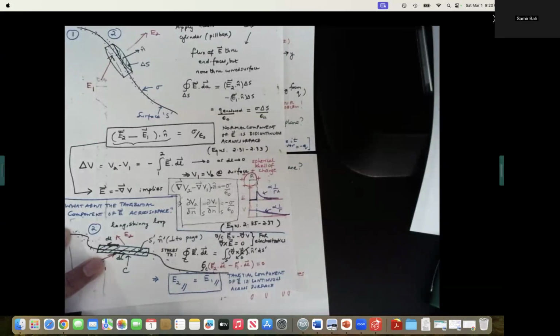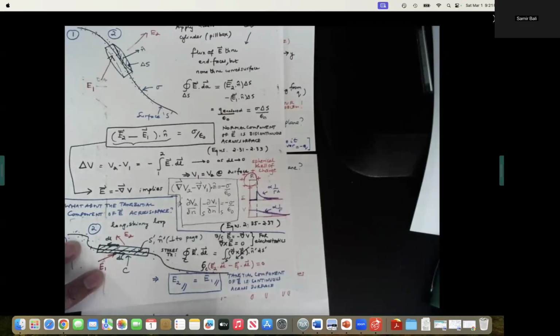Normal to the surface. I'll get to it in just a sec. So this has to be at z equals 0, right? And really the normal direction here just means d by dz, right?